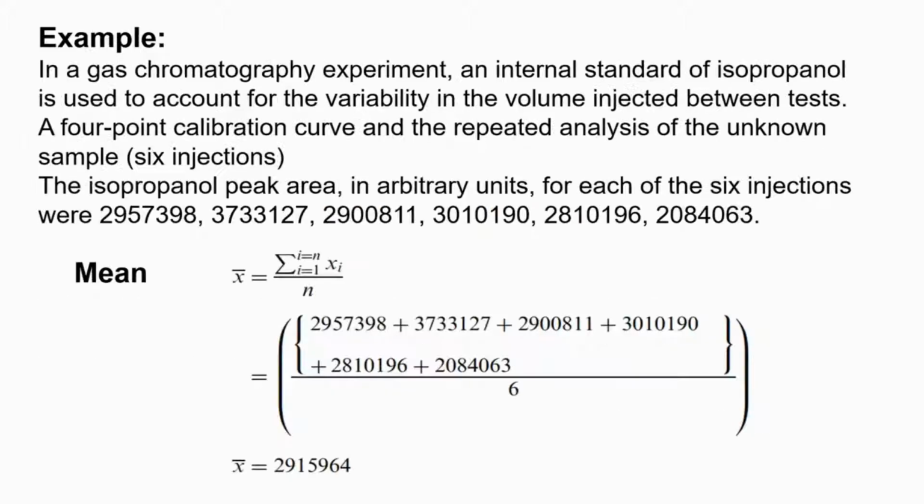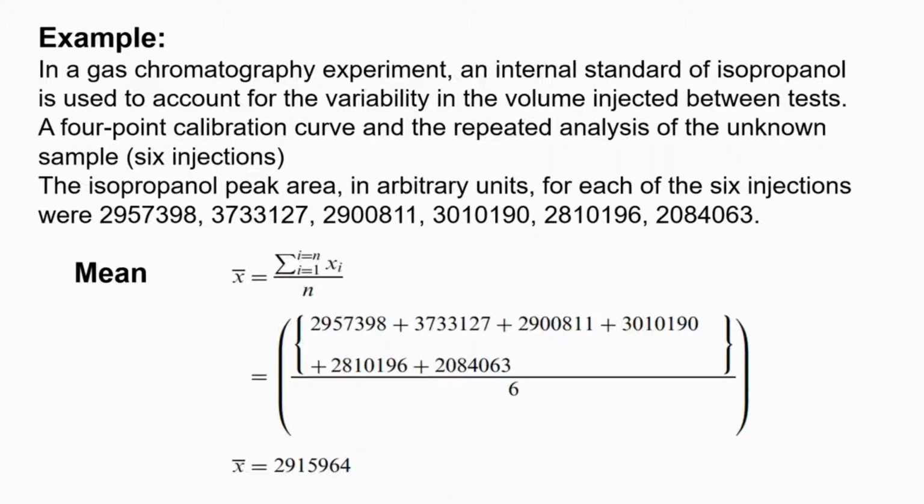So moving on to examples for all of these concepts that I have discussed in my previous slides. First of all, I'm giving an example where we have a gas chromatography experiment, and in a gas chromatography experiment we need an internal standard. For example, isopropanol is used to account for the variability in the volume injected between tests.